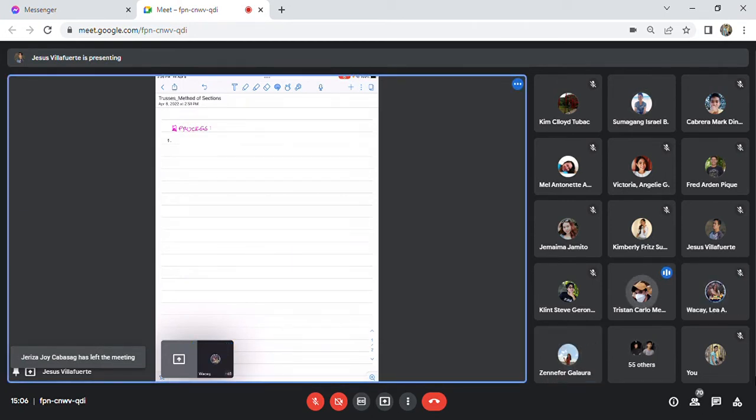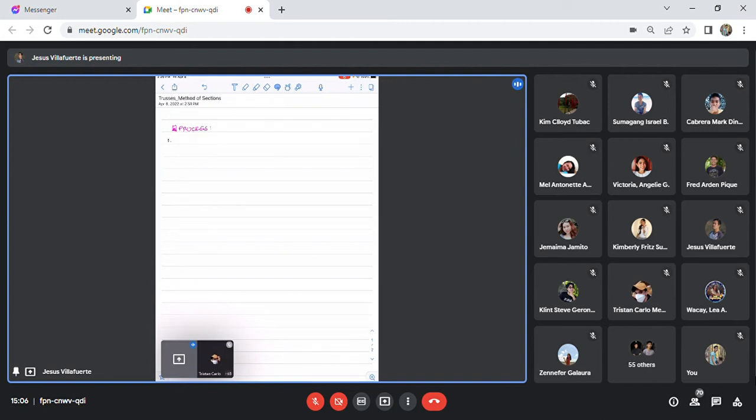Okay. So when solving the member forces in trusses using the method of sections, there are only four steps involved. Number one is to what? Solve your support reactions. Although this is not required all the time, in most cases, if you can solve your support reactions, then it's better.